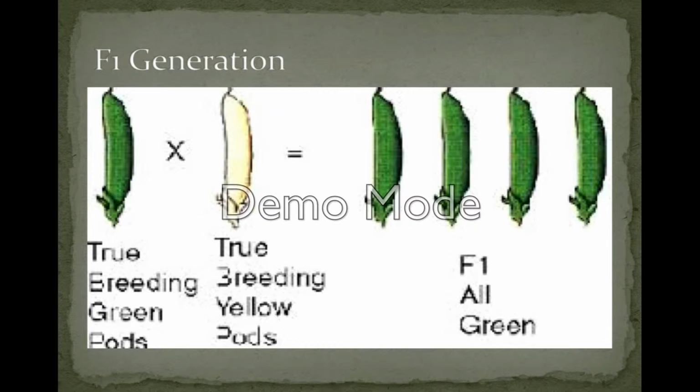As you can see here, you have a true breeding green pea plant with green pods, and he crossed it with a true breeding yellow pod. What he got was these four offspring, the F1 generation, and they were all green. The result of these two being crossed was all green pods.